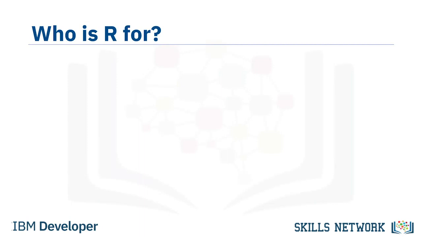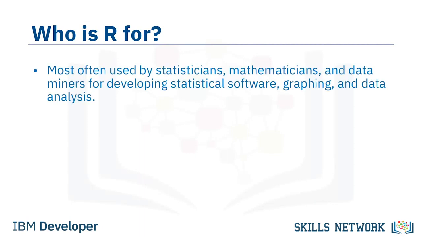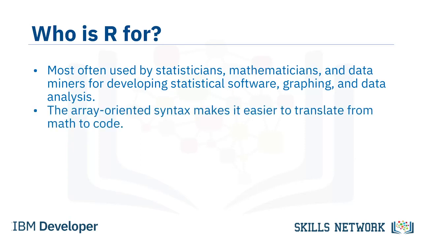Who is R for? It's most often used by statisticians, mathematicians, and data miners for developing statistical software, graphing, and data analysis. The language's array-oriented syntax makes it easier to translate from math to code, especially for someone with no or minimal programming background.